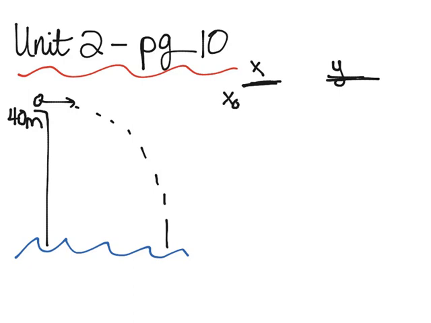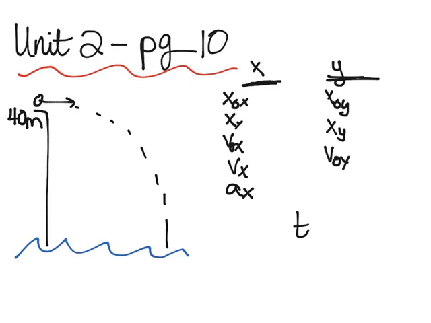So we have x naught x, xx, v naught x, ax, vx, and t in the middle. Likewise, we have x naught y, xy, v naught y, vy, and ay. And we're going to try to fill these in.